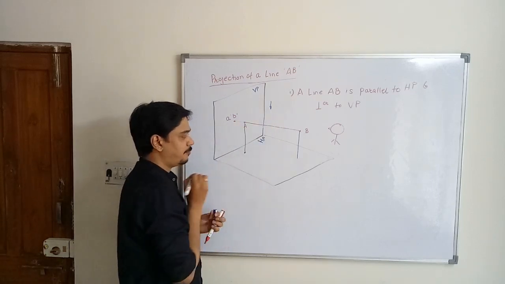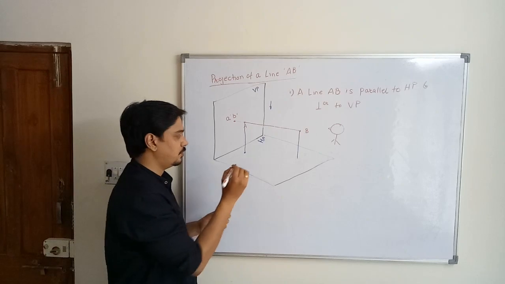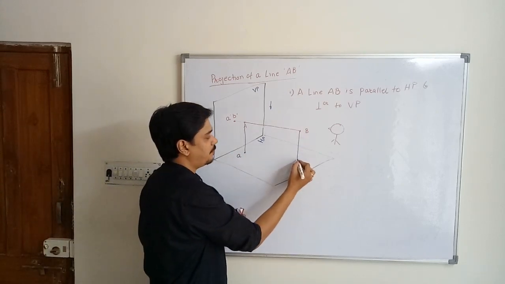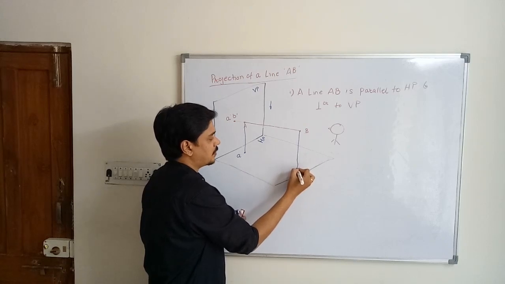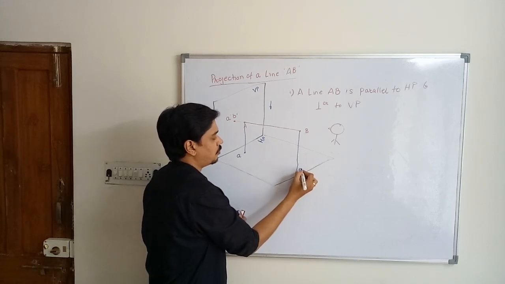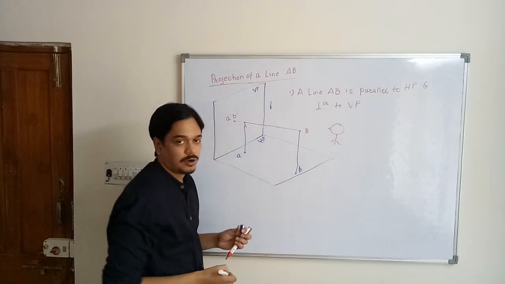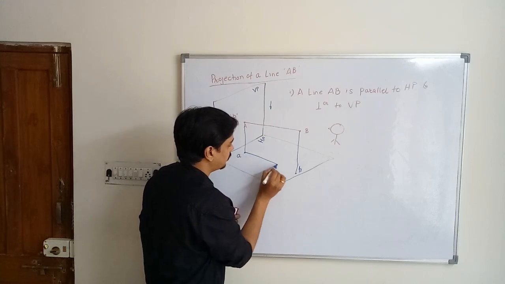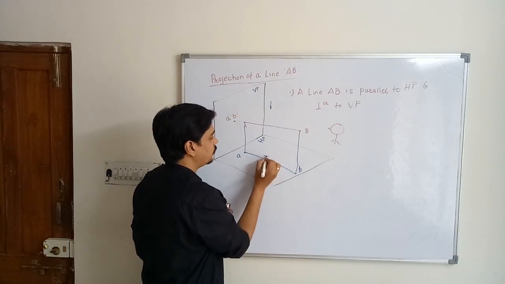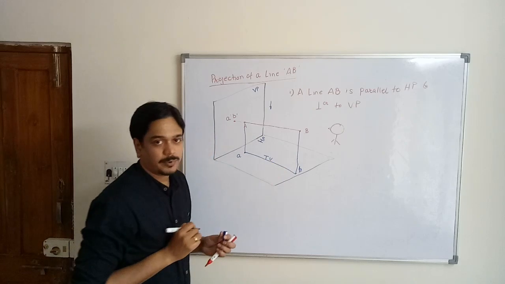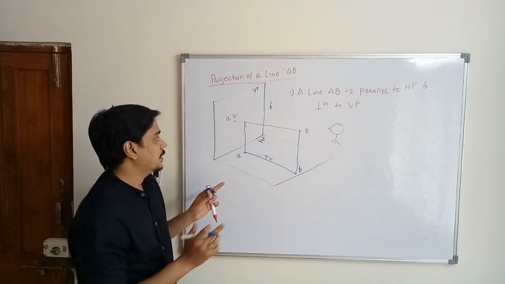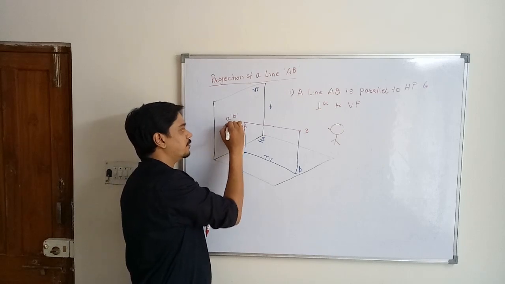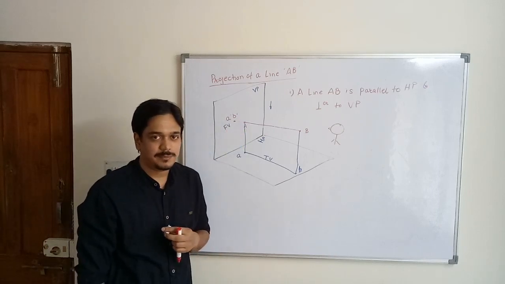The shadow of point A in the top direction you will name as small a. Similarly, the shadow of B in the top view will be named by small letter b. And if you join this ab, it will give you the top view of line AB. And similarly, this A dash B dash is giving you the front view of line AB.